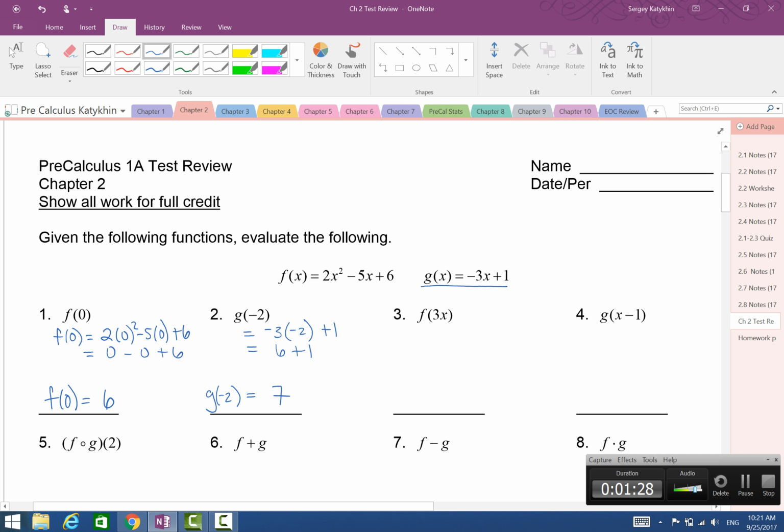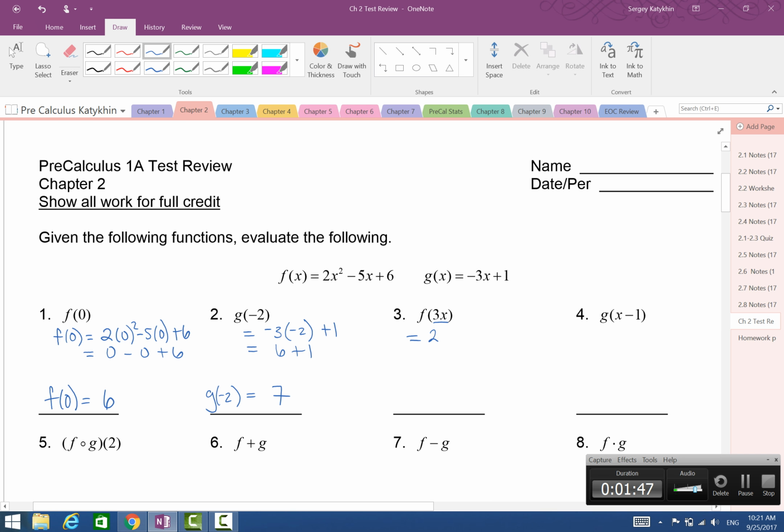Now similar concept, except now we're plugging in 3x rather than just a specific value. So let's go ahead and do that. Again, we're using f of x this time, so we're going back to 2x squared minus 5x plus 6.